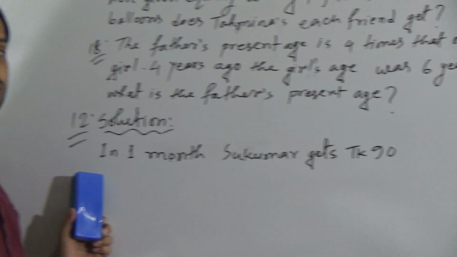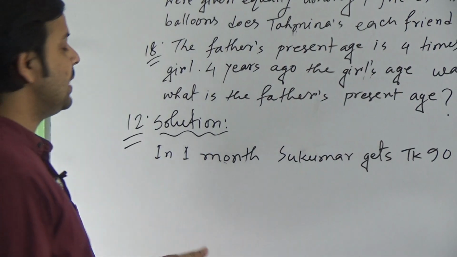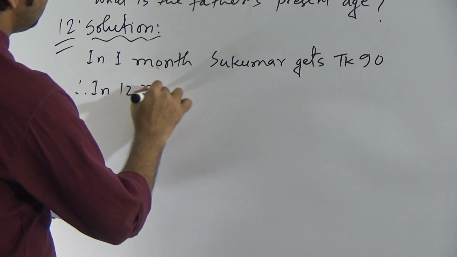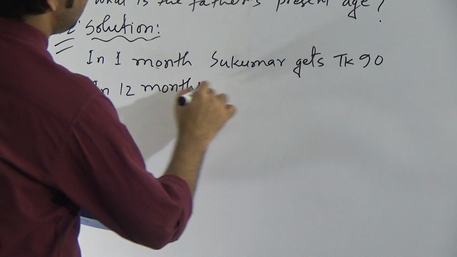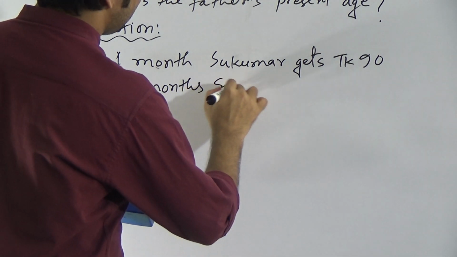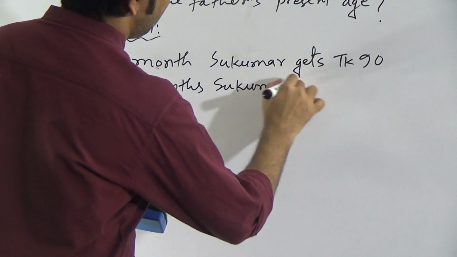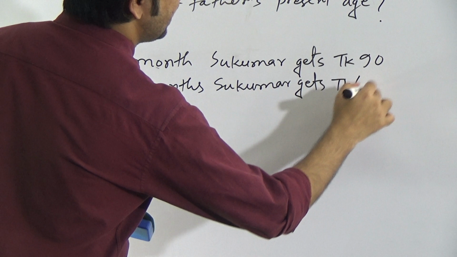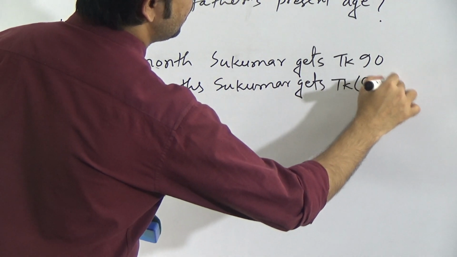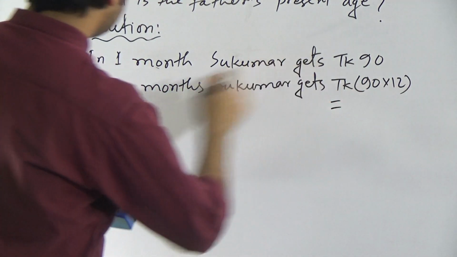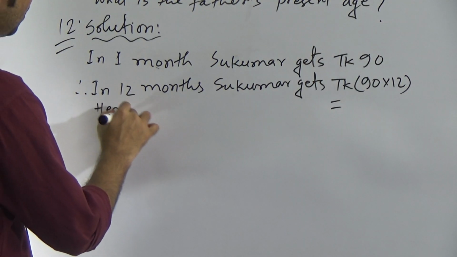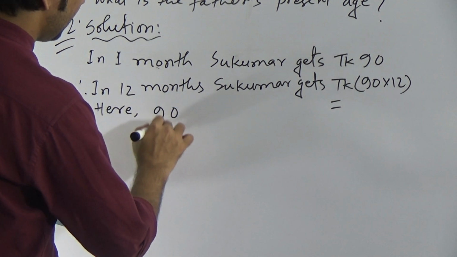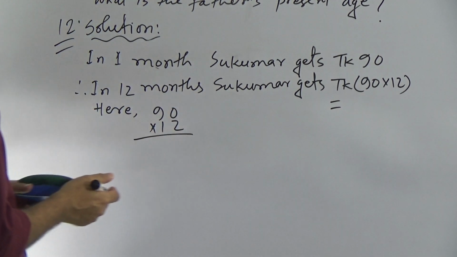In 1 month Shukumar gets taka 90. Therefore in 12 months Shukumar gets, we have to multiply taka 90 by 12. Dear students, I will show the multiplication here now. Here, multiply 90 by 12. This is a multiplication by 2 digits.